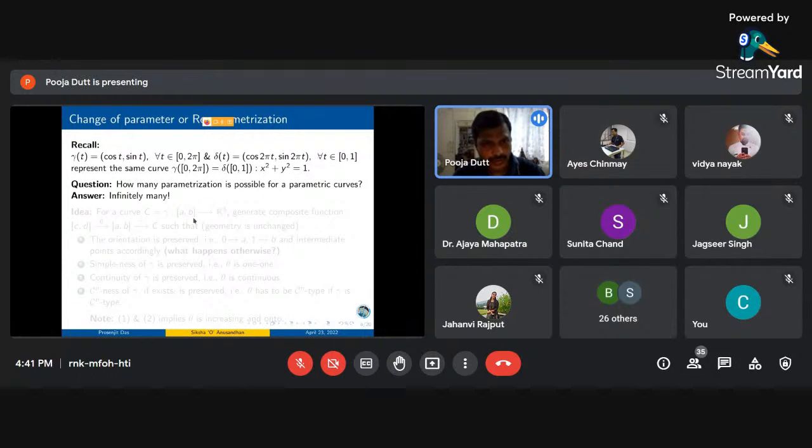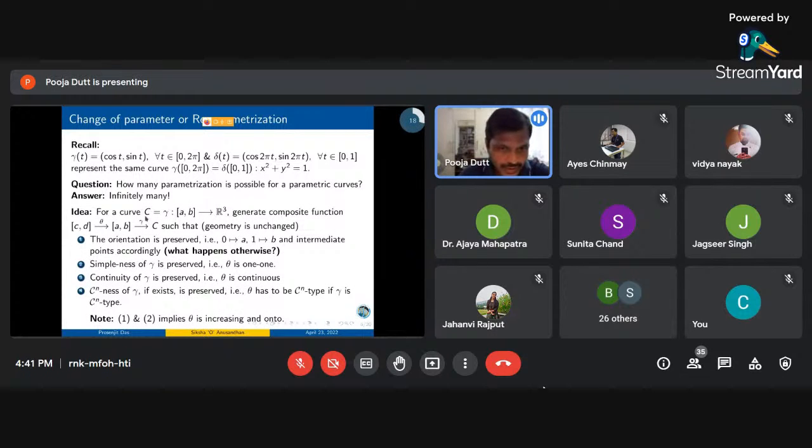So how does the thinking go? Suppose the curve is C and gamma is the given parameterization. You can think, in this first case, that gamma is cos t, sin t. Then I'll talk about the process to get a new parameterization delta t. The process is the following. First, you transform the interval AB to another interval CD, so that you get a function theta which sends the interval CD to AB.